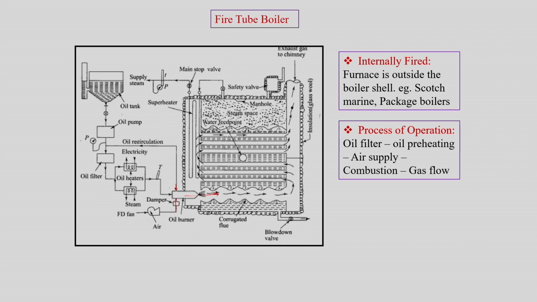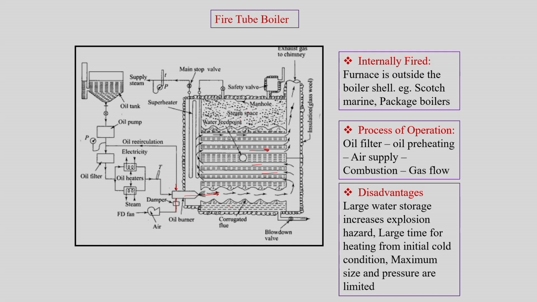Then the fuel air mixture comes into a corrugated passage where it gets burnt, and this burnt product will pass through the tubes in a zigzag manner, and in this phase it will heat the water which surrounds those tubes, and we can get the steam of our required pressure and temperature. So, this is the concept of the internally fired fire tube boiler.